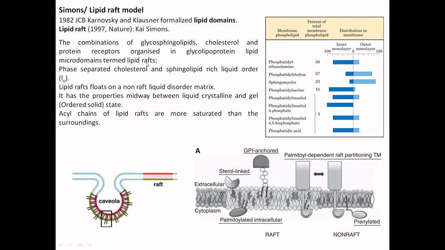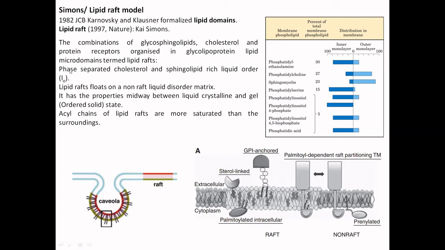So the lipid raft is a microdomain. It is a phase separated cholesterol and sphingolipid. This is liquid ordered. They float on a non-raft liquid disordered matrix. So exactly like the fluid mosaic model, the only difference is that in the fluid mosaic model, the proteins are floating on the sea of lipids.